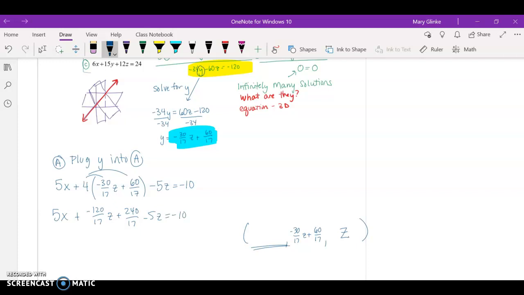So now I'm going to move this 240 to the other side. I'm also going to combine my like terms. So I get 5x minus 205 over 17z equals, that would be negative 410 over 17 when I combine my fractions.